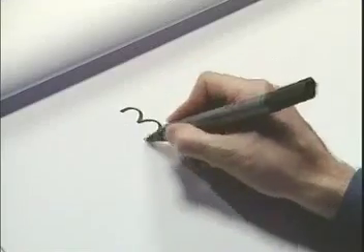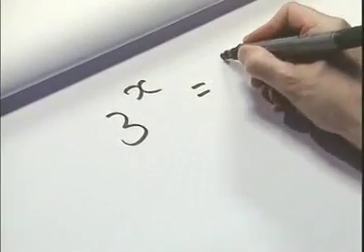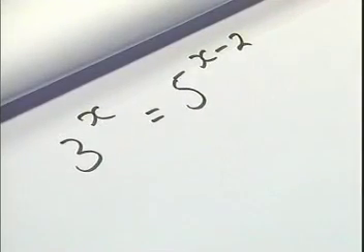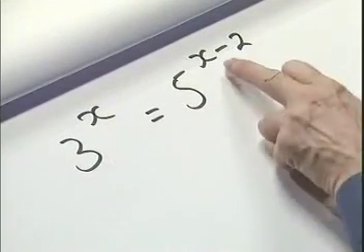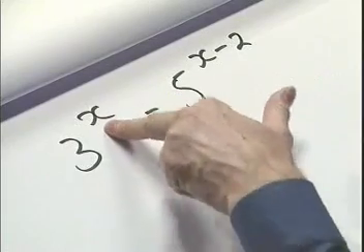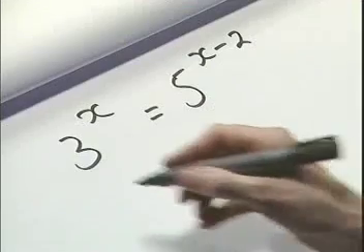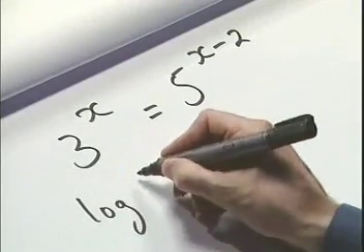Let's just have a look at one more example. If we have 3 to the x is equal to 5 to the x minus 2. What then? Again, the unknown is x, and again, it's upstairs, so to speak. It's in the index, in the power. And we need to bring it back downstairs to the normal level. So again, we'll take logs of both sides.